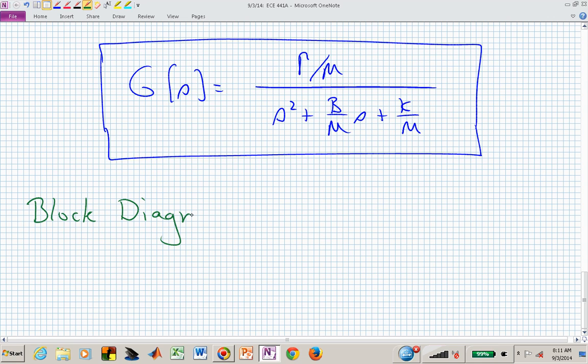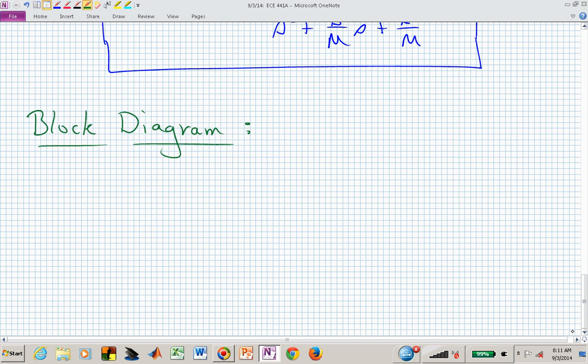Where we are now going from a block diagram representation of our mass spring damper system, and from before that was some gamma over m, and here let's go ahead and just start this block diagram in the frequency domain. Here is our input U of s.